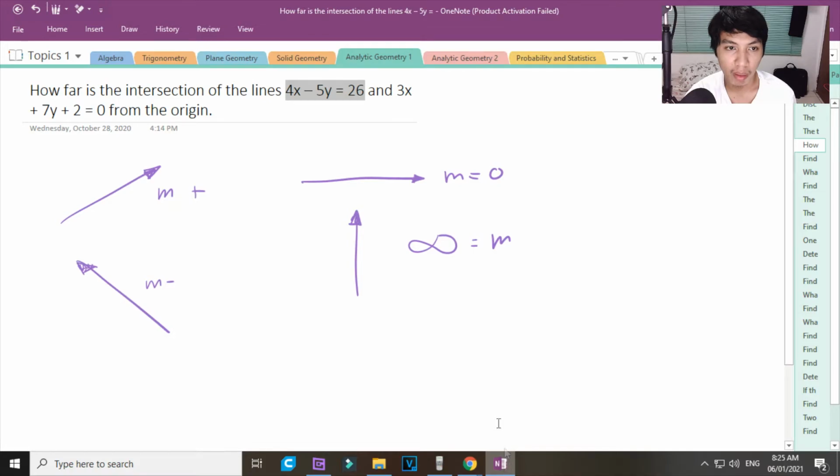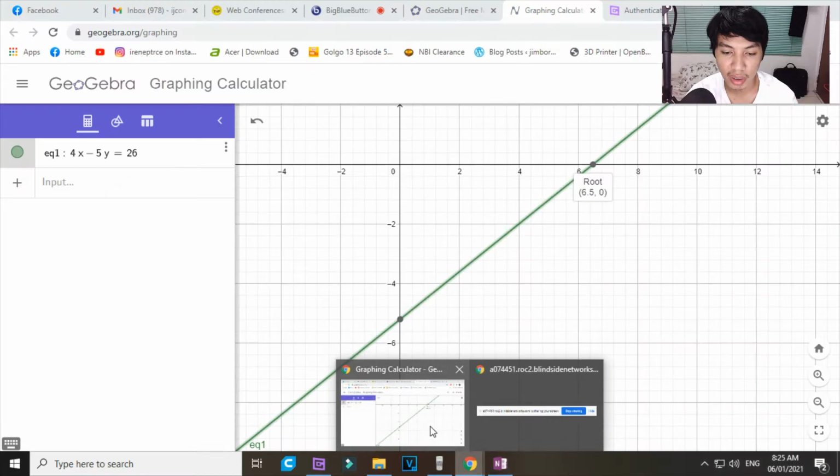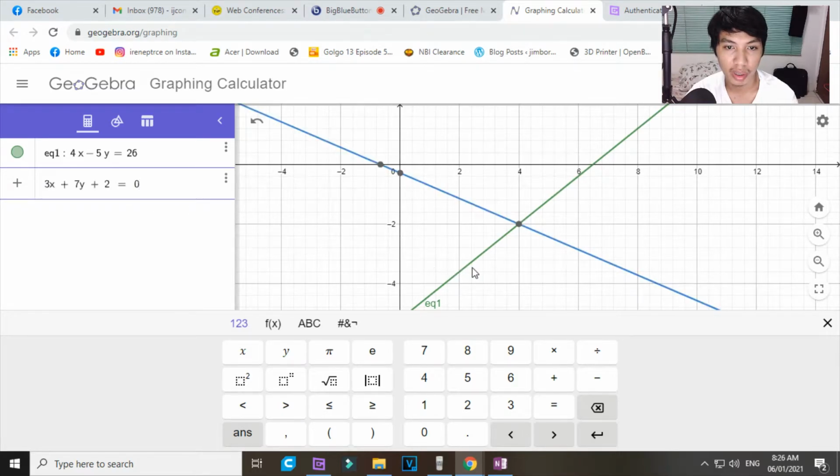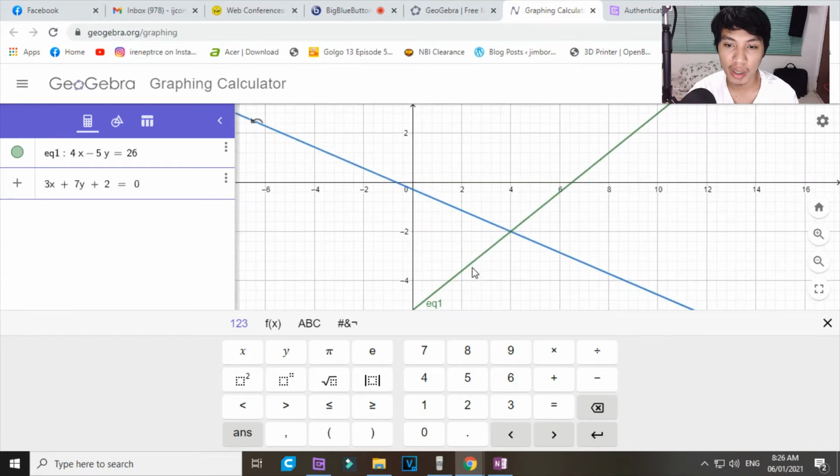Okay. And then, 3x, Control C. From the origin, pwede mo ulit ilagay dito yung input mo. Ayan. So, how far is the intersection of this line to the origin? How far? Gagawa tayo ngayon ng line.